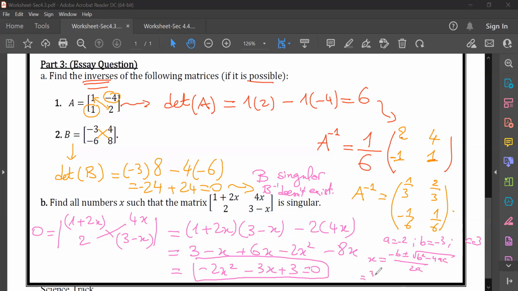Then 3 plus or minus the square root of 9 plus 8 times 3, which is 24, over -4, and finally you get a value for x, 3 plus 33 over -4. Anyway, these are the values of x making this matrix singular.